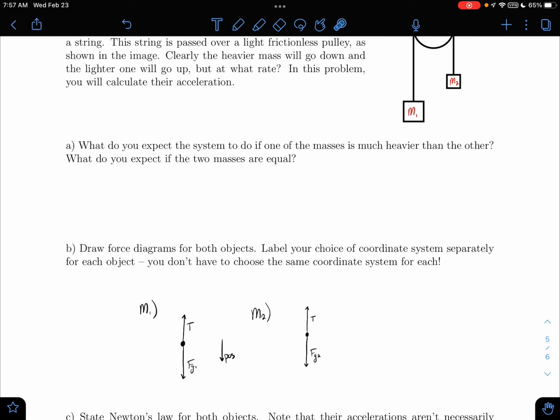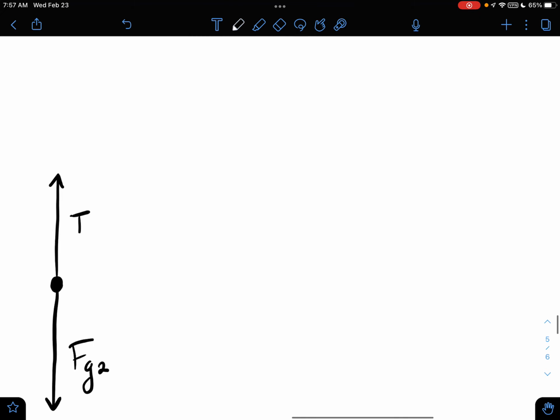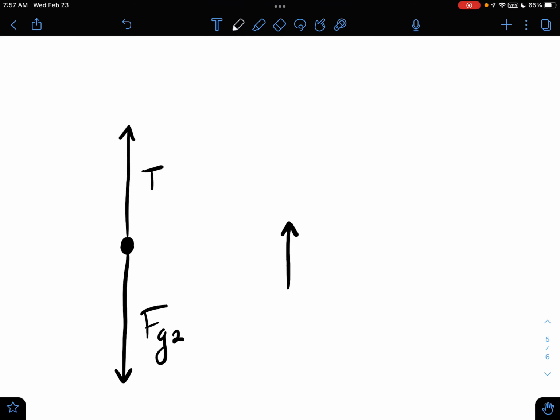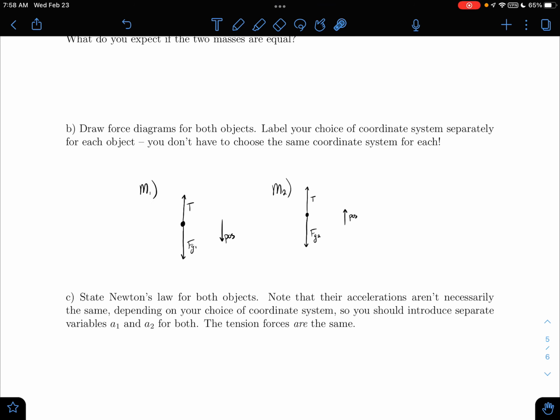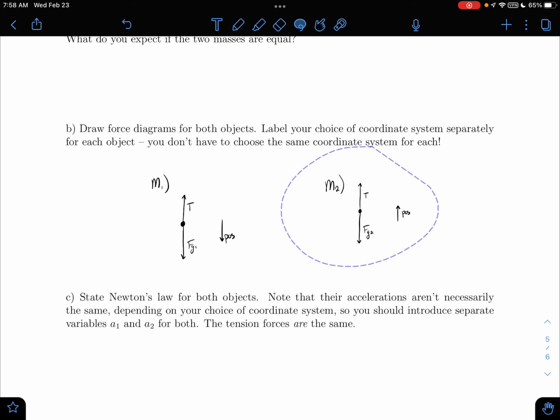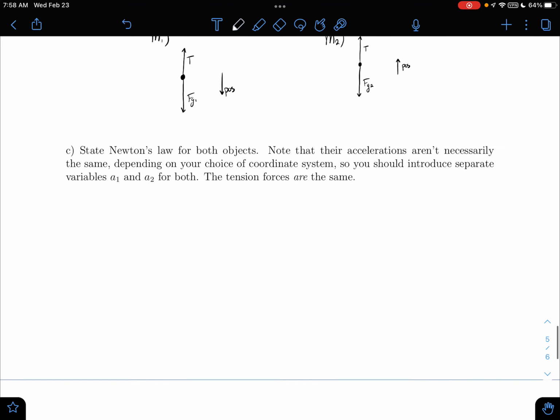Same thing with M2: I expect it to accelerate up, because I'm just assuming for right now that it's the smaller one, so that's my positive for M2. I can set a different coordinate system for each of my objects as long as I remember how their motion is relative, thinking about what direction they're going in relation to their own coordinate systems.